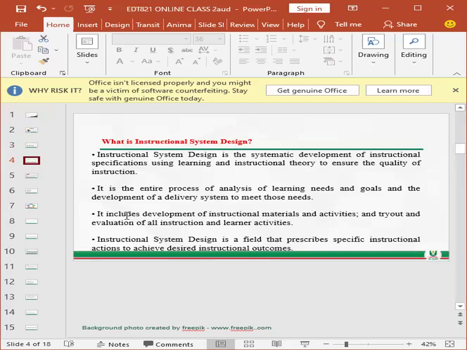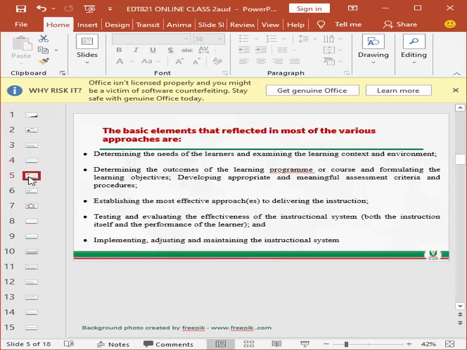Instructional system design also includes development of instructional materials and activities, and tryout and the evaluation of all instructions and learning activities. Instructional system design is a field that prescribes specific instructional actions to achieve desired instructional outcomes.